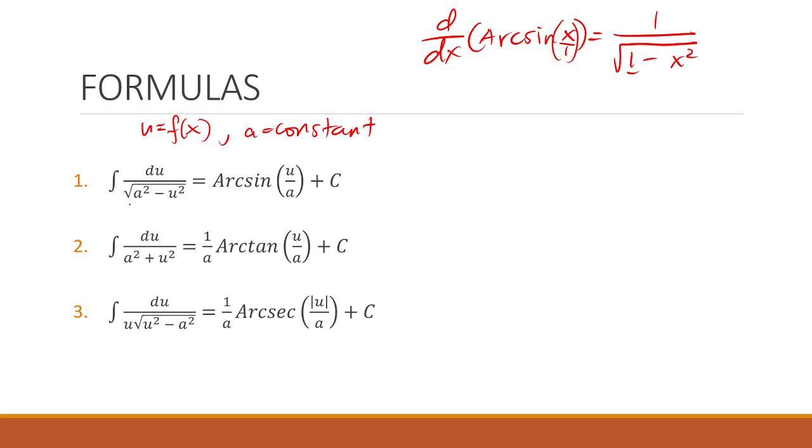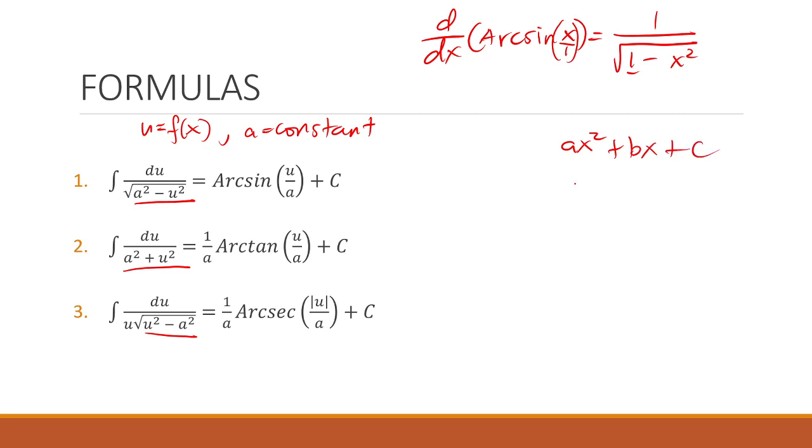And if you look at these expressions, a squared minus u squared, a squared plus u squared, and u squared minus a squared, all of them are quadratic expressions, to be specific, incomplete quadratic expressions. A complete quadratic expression is a trinomial. We have the quadratic term, the linear term, and the constant term.